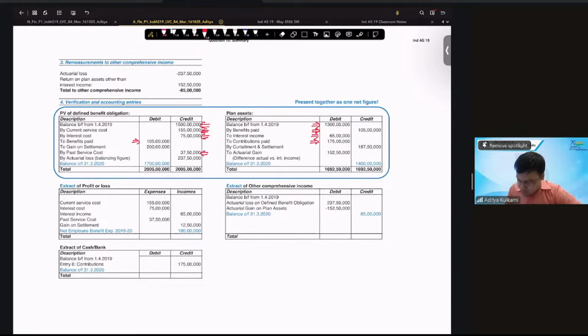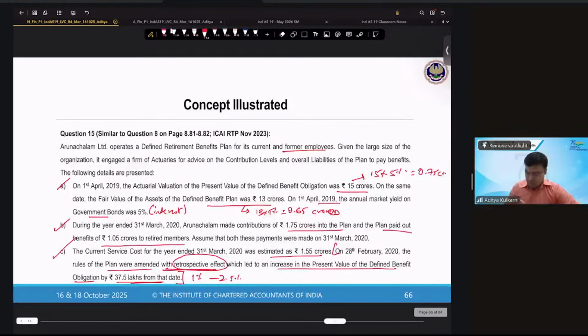So past service cost, 37.5 lakhs. A, B, C done. The question looks big, but when we go on putting the data, it does not look big. Till now, everything is clear? So let's move ahead.